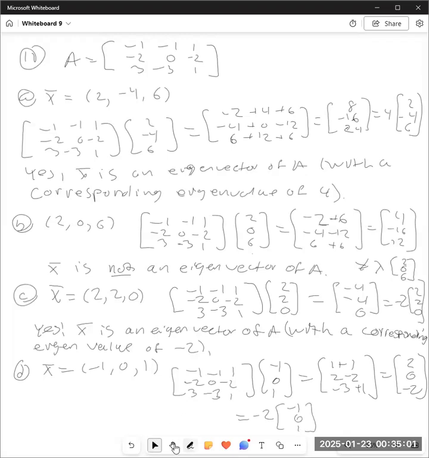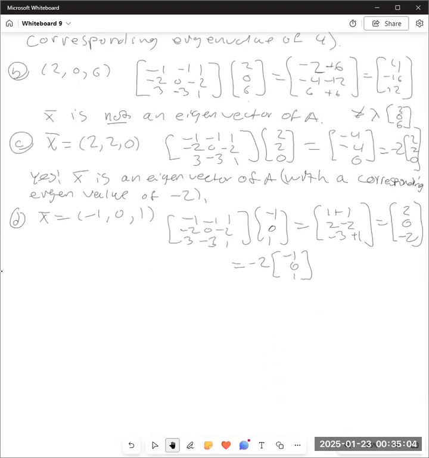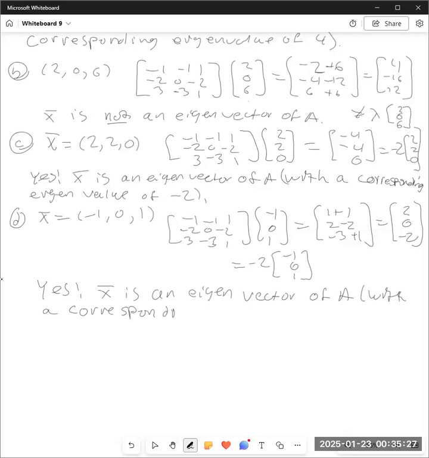So yes, x bar is an eigenvector of A with a corresponding eigenvalue of -2.